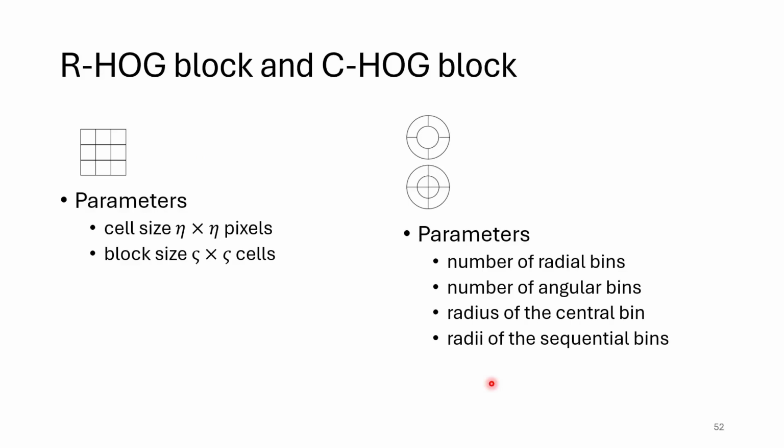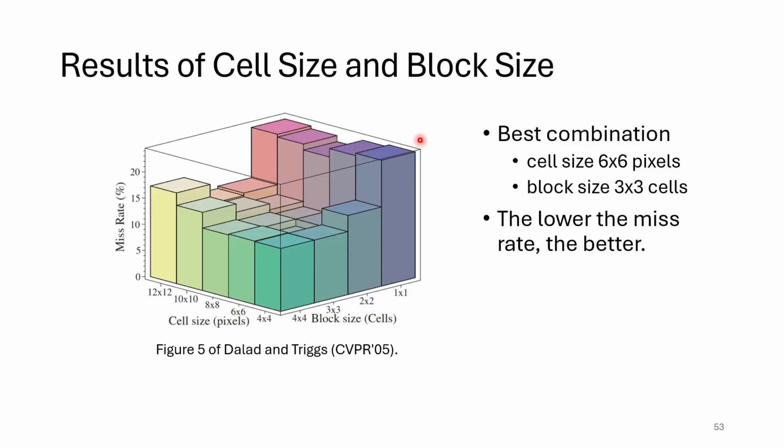For the shape issue, there are at least two different shapes. This is a grid, which is called the R-HOG, or the C-HOG, which means it's like a circle. They try different settings again and tune the hyperparameters by grid search. Try different cell sizes from 4x4 to 12x12, and different block sizes, using a single cell or multiple cells, 2x2 to 4x4.